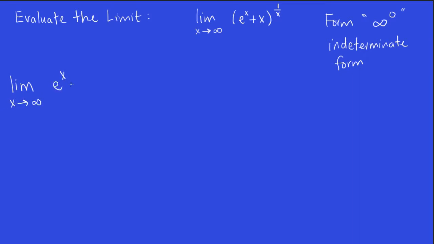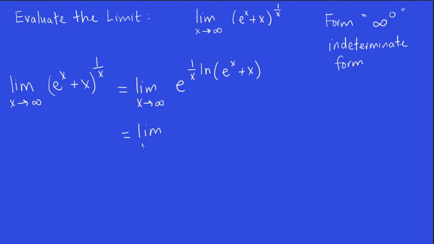When I rewrite that using the trick I just mentioned, I'm taking a to be e to the x plus x, and I'm taking b to be 1 over x. So it's going to be e to the power of 1 over x, that's my b, times ln of e to the x plus x, that's ln a. So that's the start.